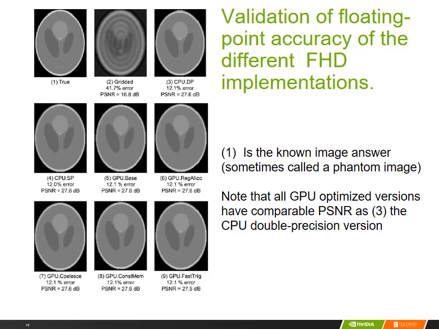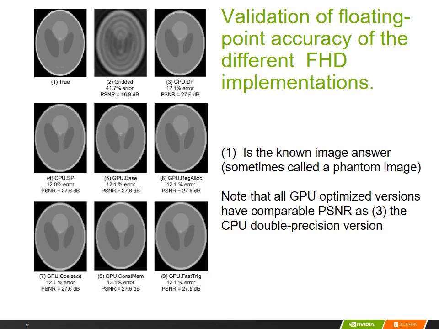And then we reconstruct the image based on the k-space samples generated from that simulation. We use the various versions of the reconstruction and evaluate the error produced by that reconstruction and then the signal to noise ratio produced by that reconstruction.